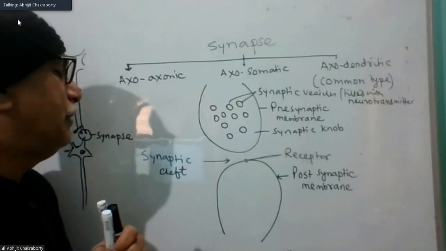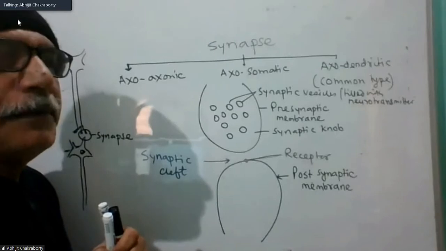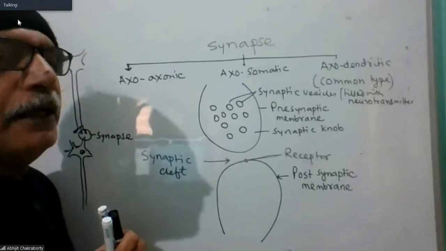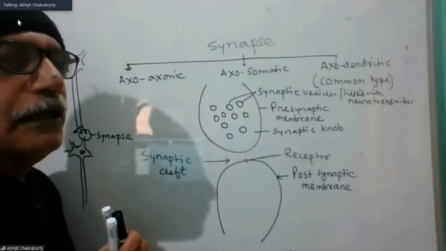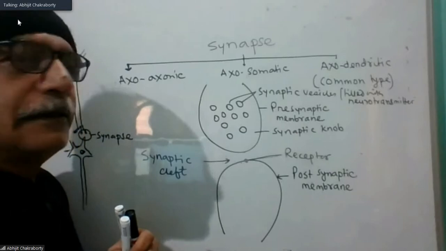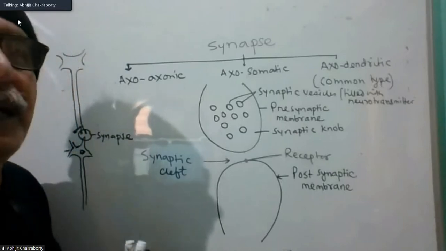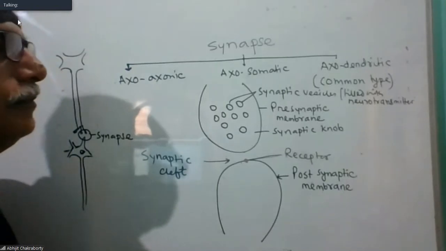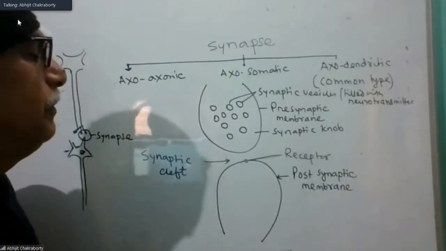There is a space between these two, which is called the synaptic cleft, and which is fluid filled. The fluid is called extracellular fluid, and different ions are found to be present there. Clear?